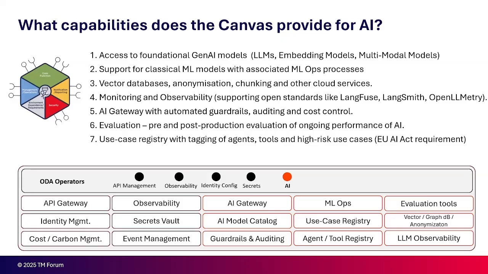We're also addressing how to support evaluation, so pre-production and post-production evaluation of ongoing AI performance, and I'll come on to that a little later. Finally, the Canvas includes a use case registry with tagging of all agents, tools, and high-risk use cases, which is a requirement for the EU AI Act.